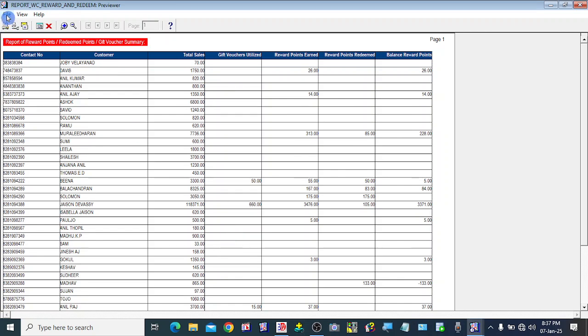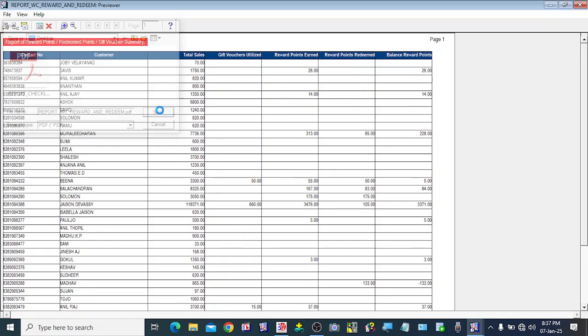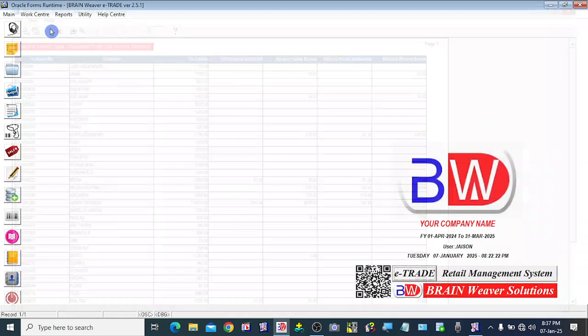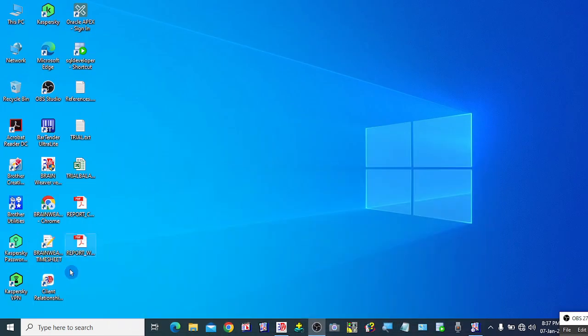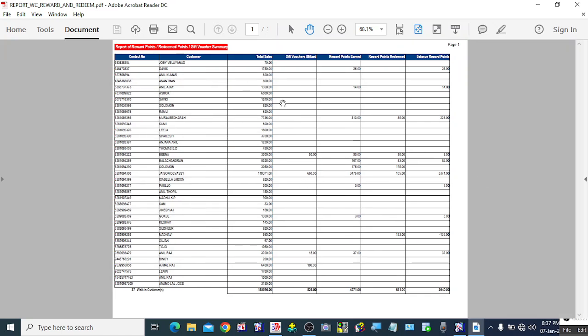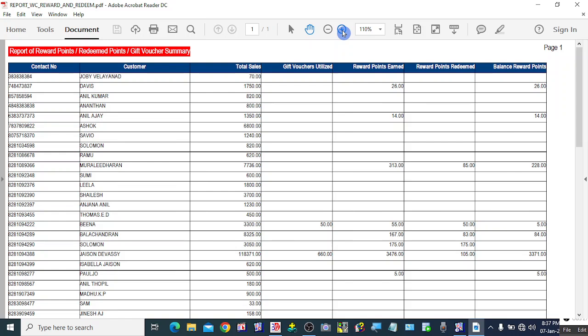Let us save this report into the PDF so that we can zoom this report. It is very easy for us to read it. Here you can see report of reward points, redeemed points, and gift voucher summary.